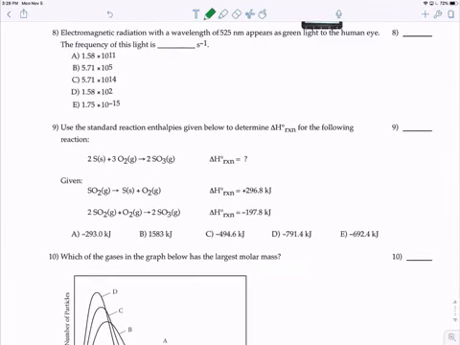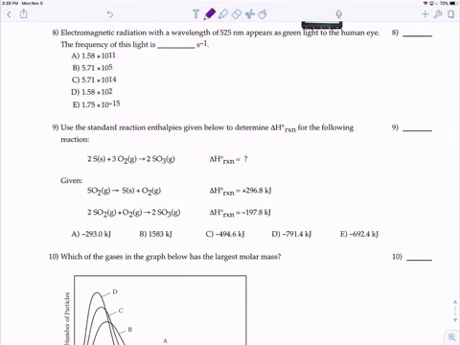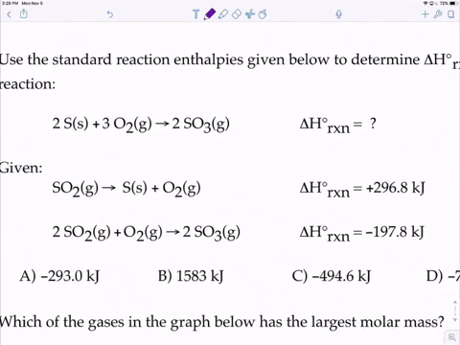Ooh, the dreaded Hess's law. I like Hess's law, but everyone else hates it. Delta H reaction. We don't know what that one is, but we're given these two. That's the delta H. I call this H1 and H2.